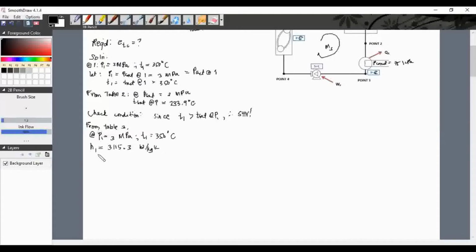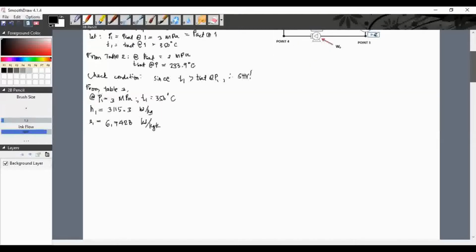And then, of course, specific entropy at point 1, according to the table, is 6.7428 kilojoules per kilogram Kelvin. Correction, walang Kelvin sa enthalpy. Okay. So, yan na yung values natin for point 1.